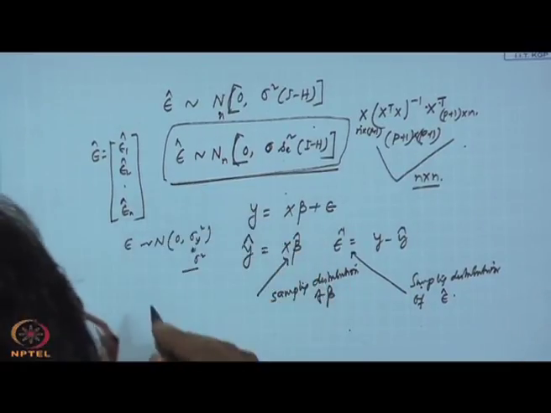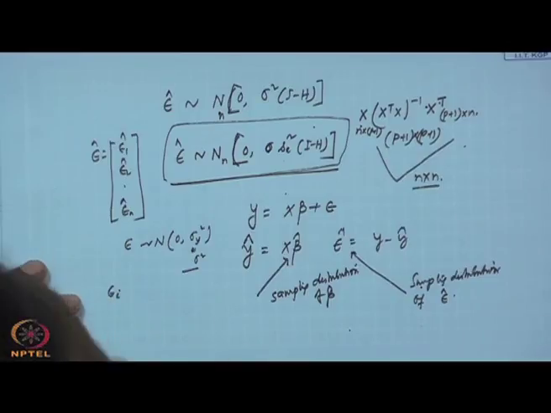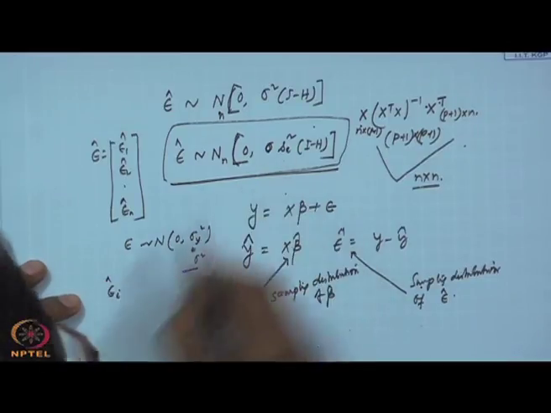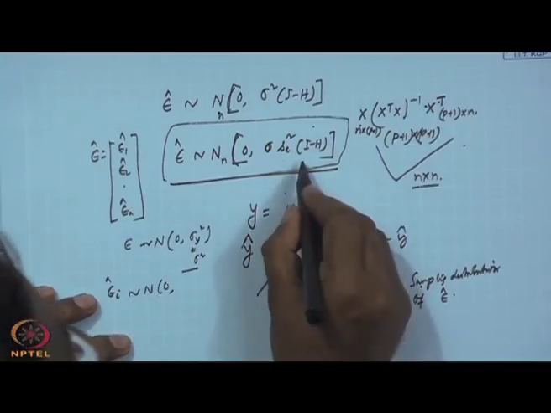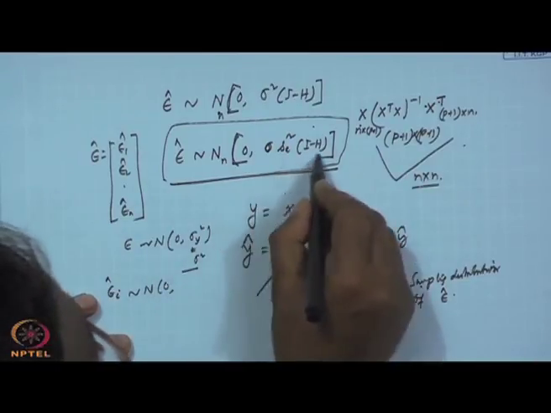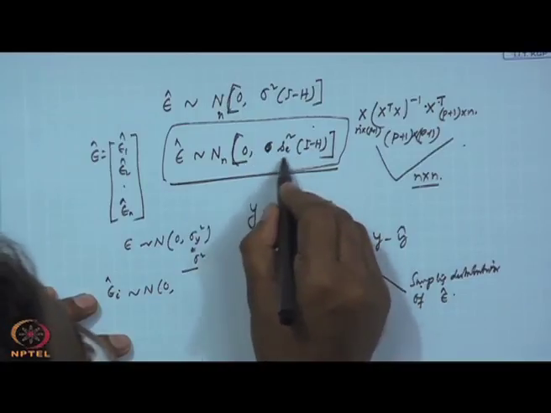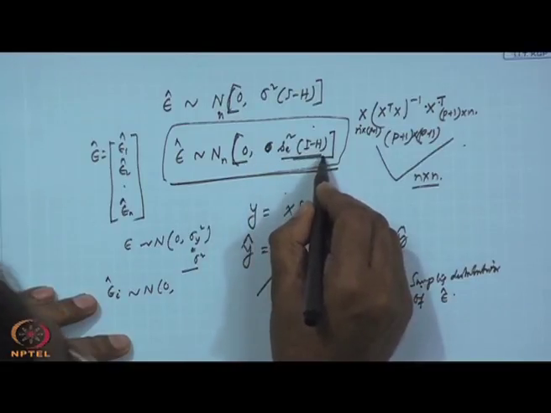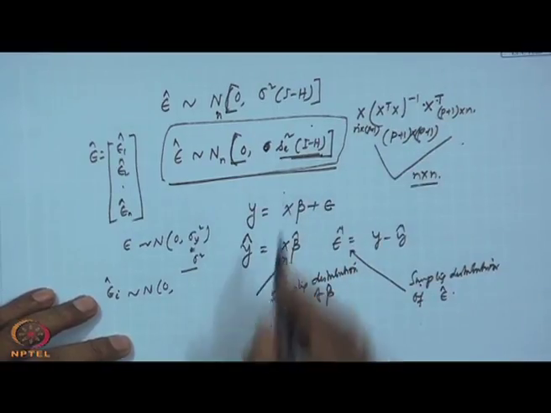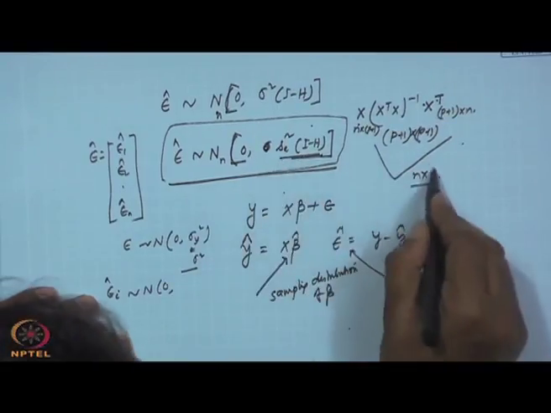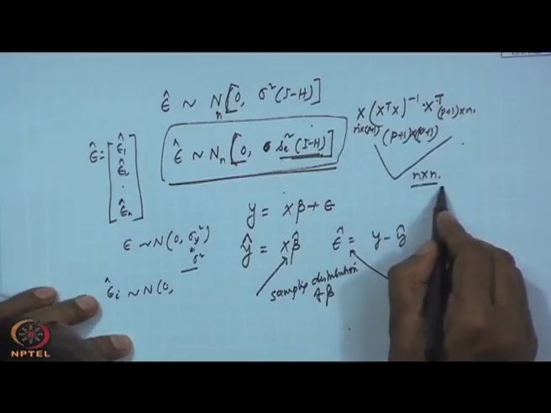Now, if you take a particular epsilon i cap, what will happen? This is definitely univariate normal with mean 0, and what will be the variance component? The variance component will be this one. Okay. So, that particular variance component you have to find out, because it will be a matrix; you have already seen it is a matrix of n cross n.